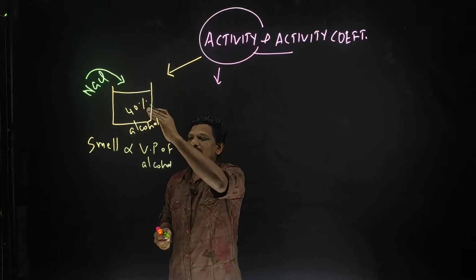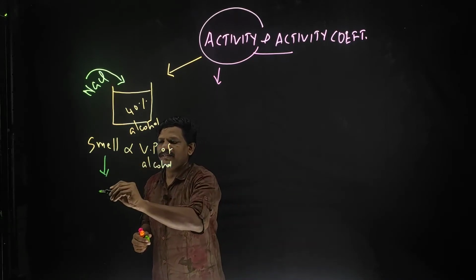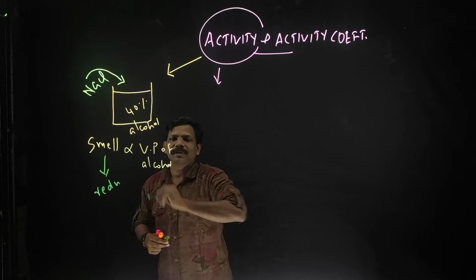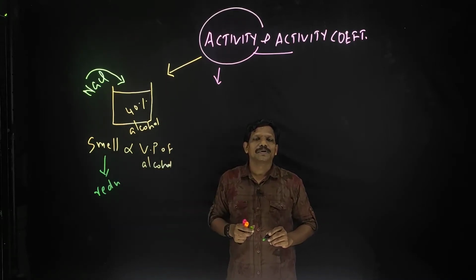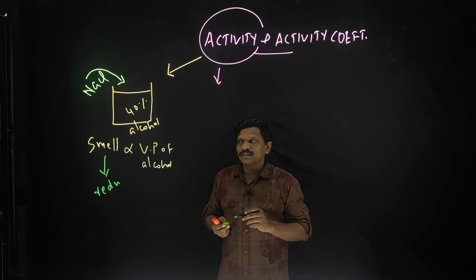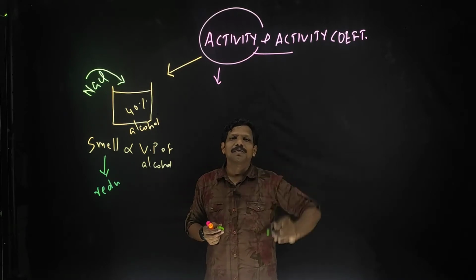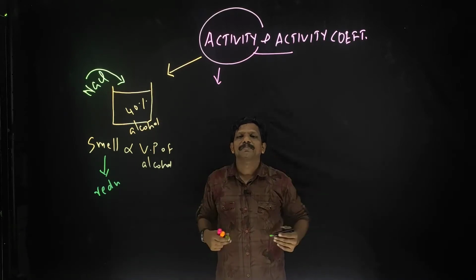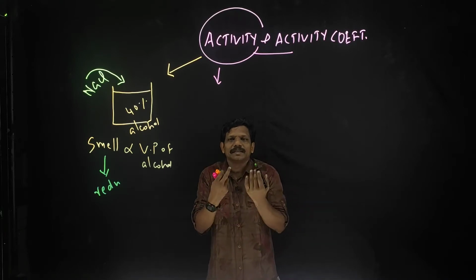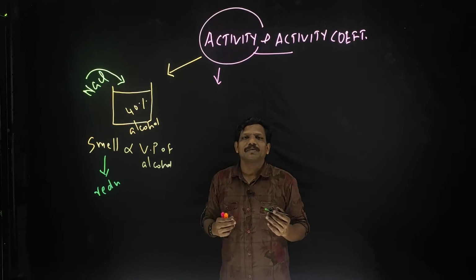Suppose you are adding sodium chloride, there will be a reduction in the smell of 40% alcohol. But you see that there is 40% alcohol always. There is only a reduction in the vapor pressure, that means reduction in the smell. So there is an important effect we can observe.